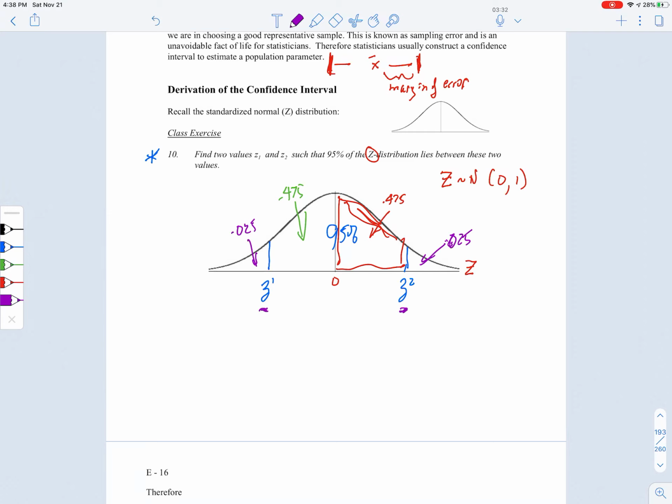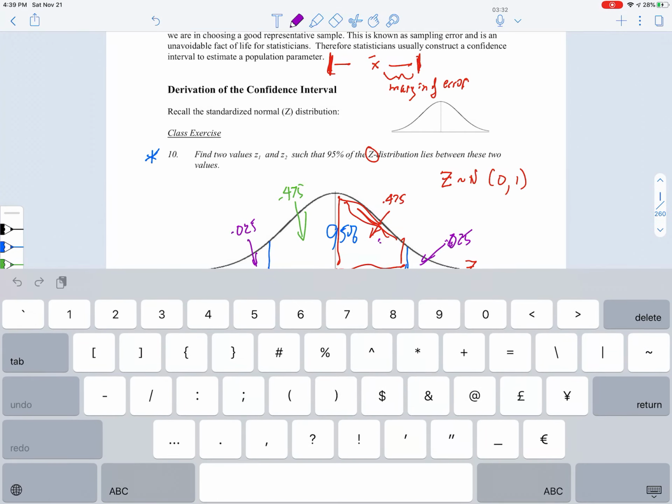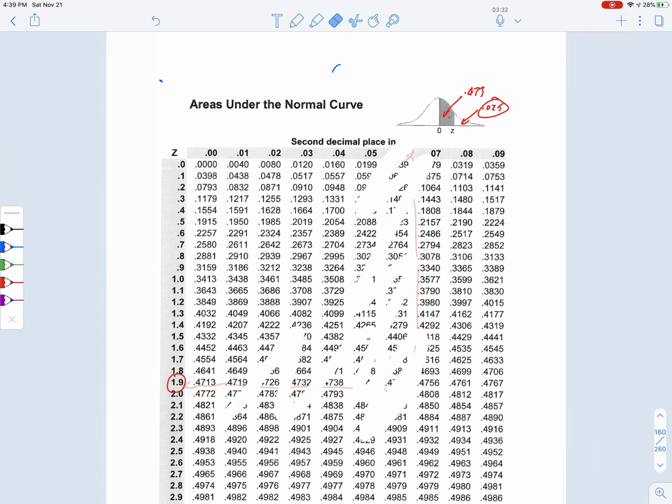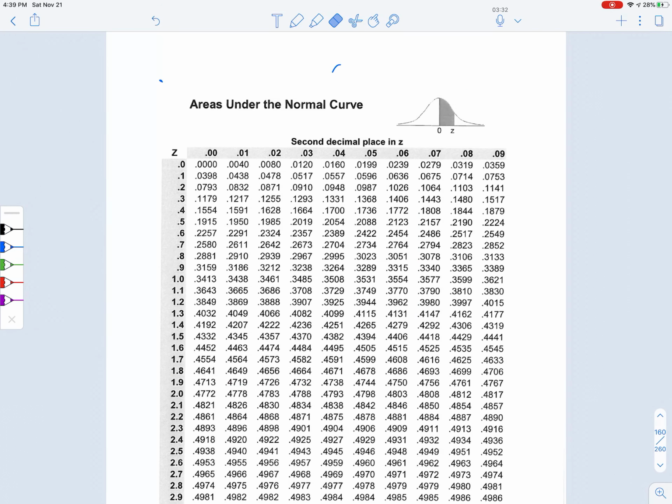Let's go to a Z table. And remember, the Z table gives us this area here. So let's go back to, what page is that? I think it's 160. There. Right, so here's the picture up here, where it says we've got 47.5% here, and we've got 2.5% there.